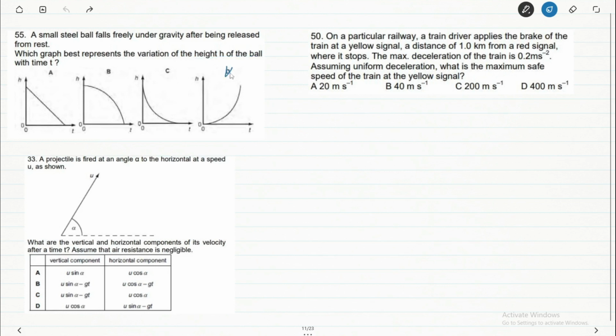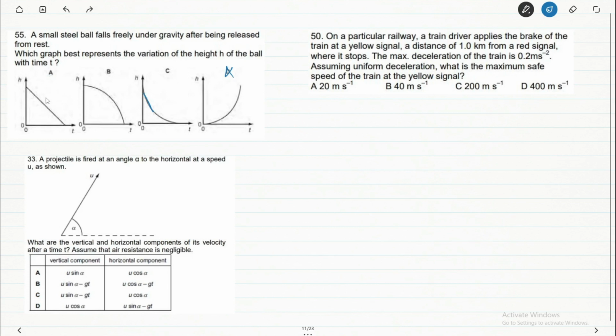So this is wrong. One of these three is correct. This graph here is also wrong. Let's just discuss A first.